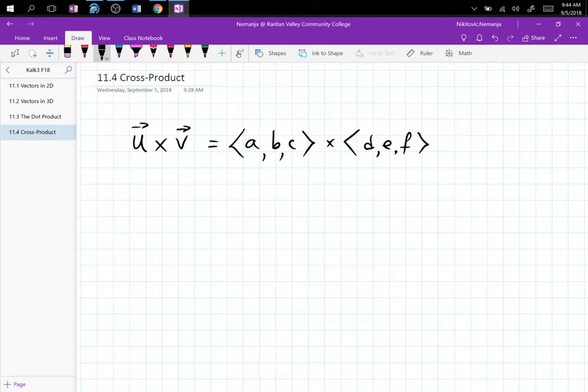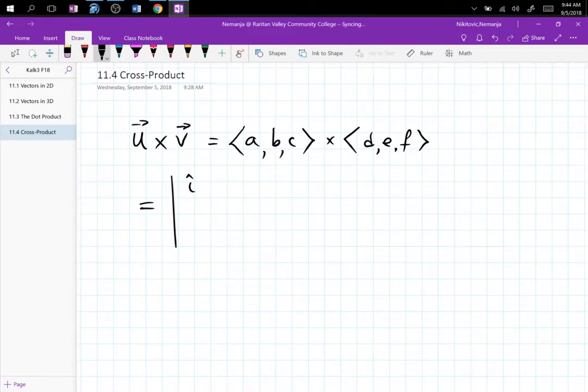So what do we do here? Well, first, the way to compute this is to compute the determinant of a matrix. We are going to place I, J, and K on the first line, and then the first vector goes next, so A, B, C, and then D, E, F. So that's the setup.